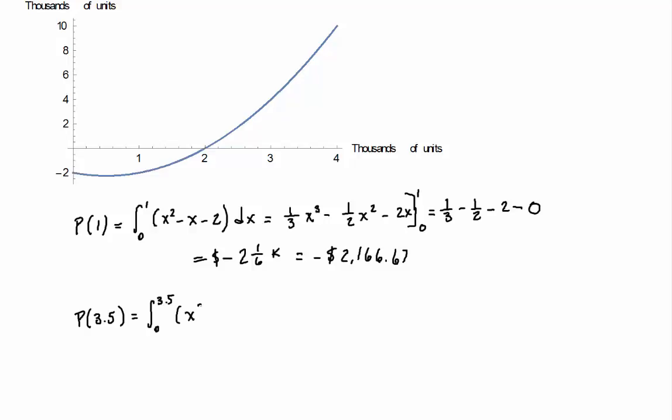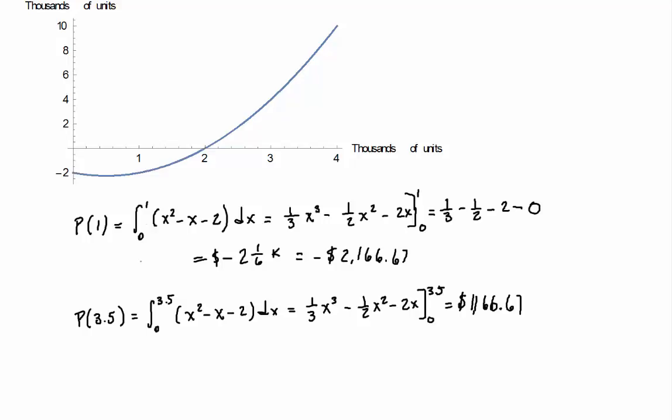You do the same thing we did: you calculate your antiderivative in the same way, a third of x cubed minus a half of x squared minus 2x. Just copy the same thing, and now the difference is we're going to evaluate it between 0 and 3.5, and that gives us 1,166 dollars and 67 cents. So yes, I cheated there. I put it on the calculator.